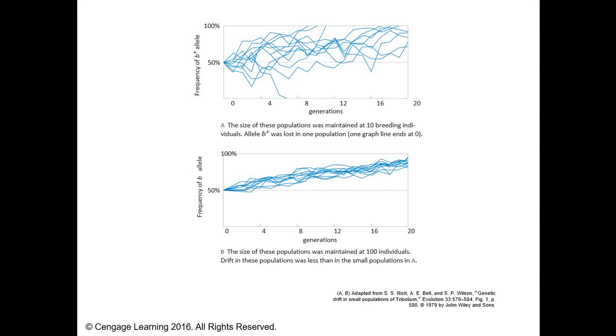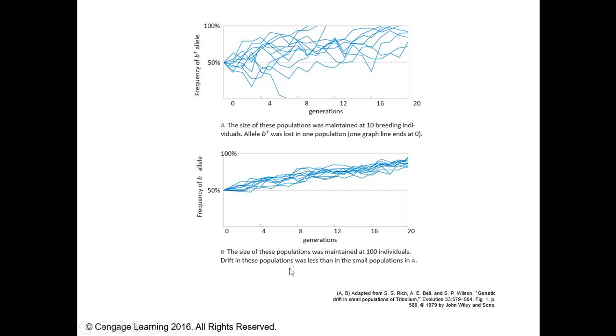So that's what that looks like graphically, which is kind of crazy. This is where you've got some allele frequencies. This is the frequency of a B+ allele, and you can see it's going down, it's going up. This is where the size of the population was maintained at 10 breeding individuals. The allele B+ was lost in one population, and you can see that one lands at 0 here.